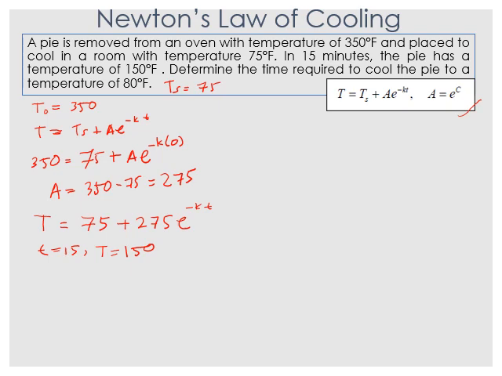So we substitute: 150 equals 75 plus 275 exponent negative K times 15, so it is 15K.